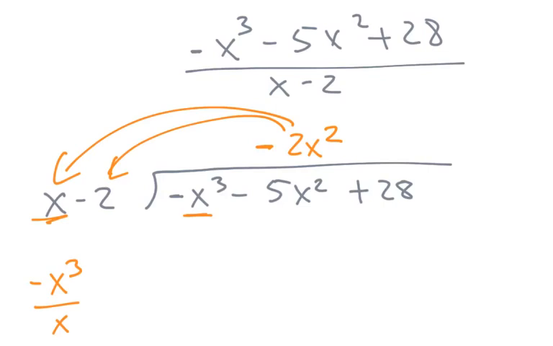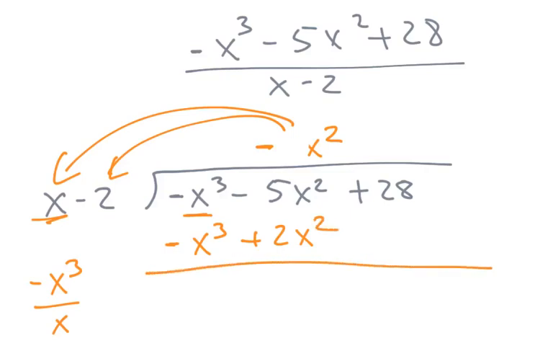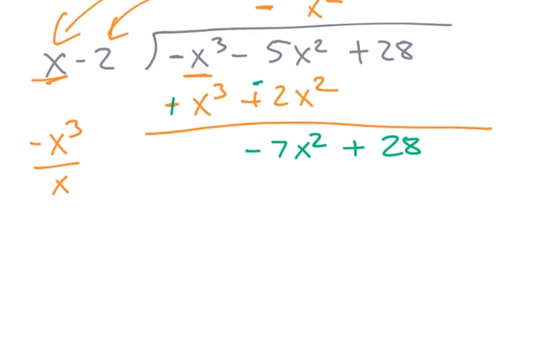I don't know why I wrote negative 2x squared. It should just be negative x squared. So we distribute. All right. We change the signs. Okay. And then we repeat the process.